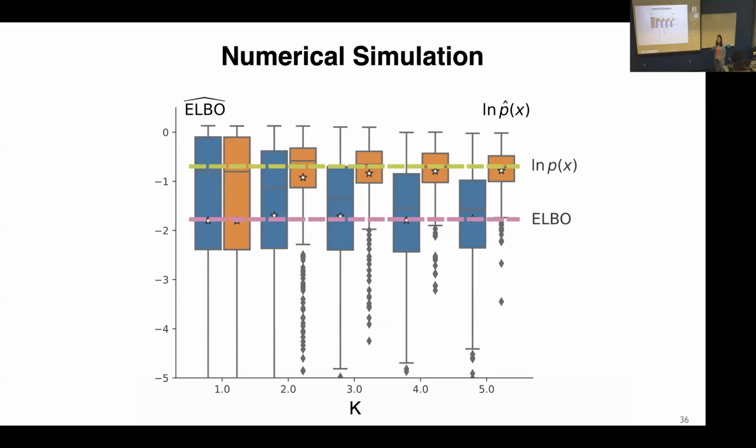That means you don't need to choose a perfect Q. For ELBO, you need a perfect Q to eliminate this gap. But for log p, you don't need to have a harsh requirement on the Q distribution, because if you find some reasonable enough Q, you will converge to that log marginal.